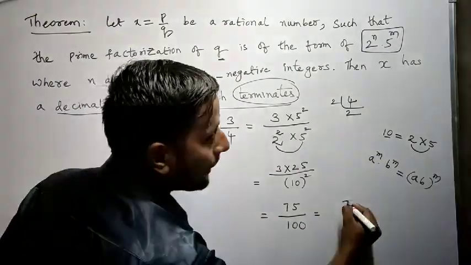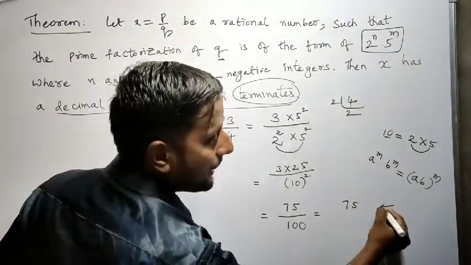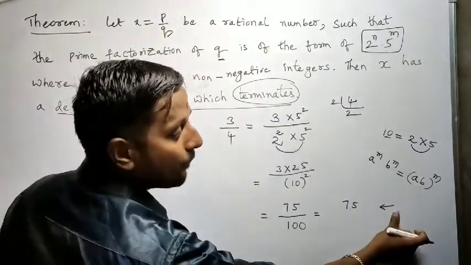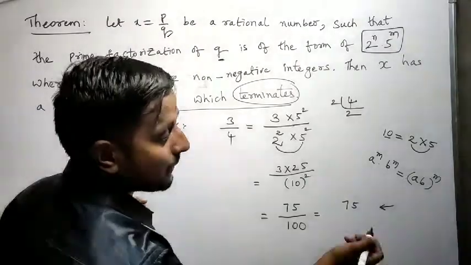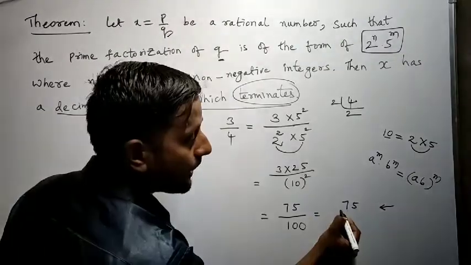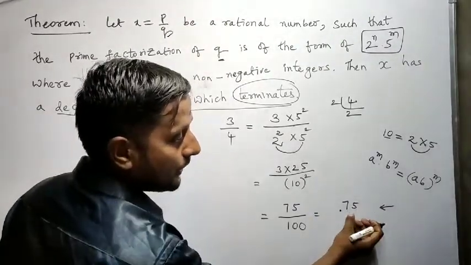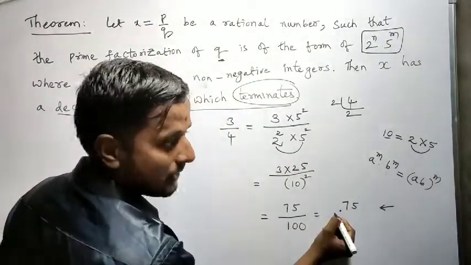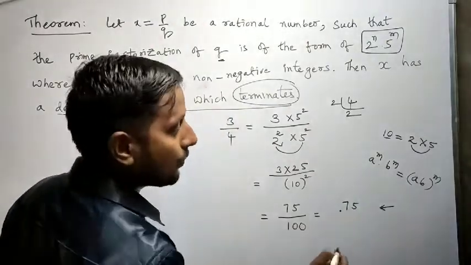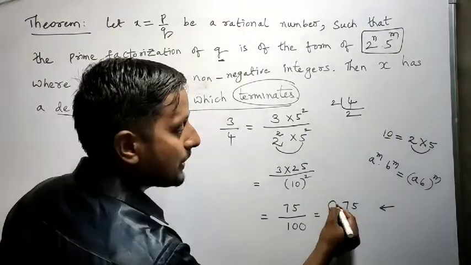So write the numerator as it is and count from right. Now the denominator has 2 zeros, no? So after 2 digits we should keep the decimal. So 1, 2, decimal here, and before the decimal we need a digit. Here there is no digit, so we'll consider 0.